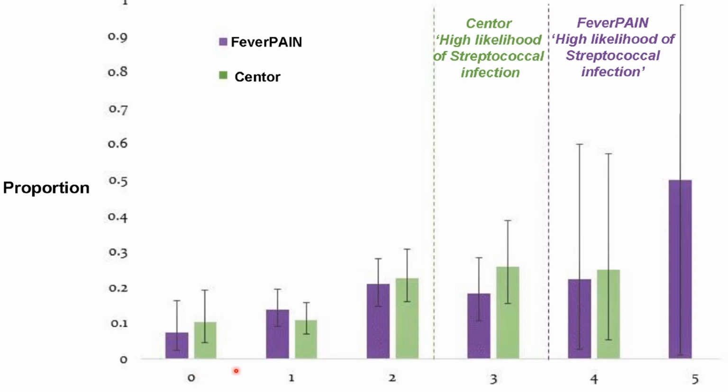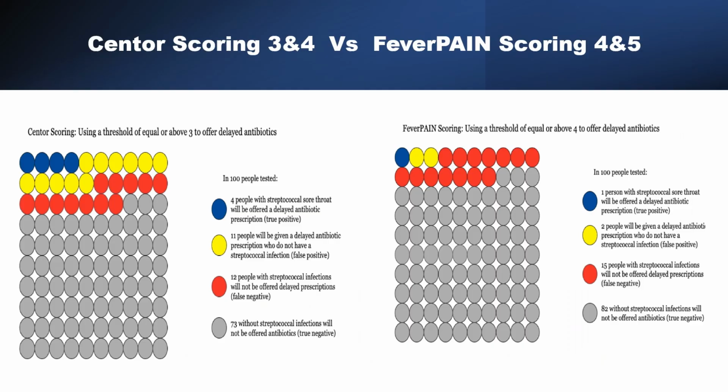With different grades, sometimes the Centor would pick up more or the FeverPAIN would pick up more. They are fairly similar, except that with a score 5 for the FeverPAIN, this is the highest possible probability.